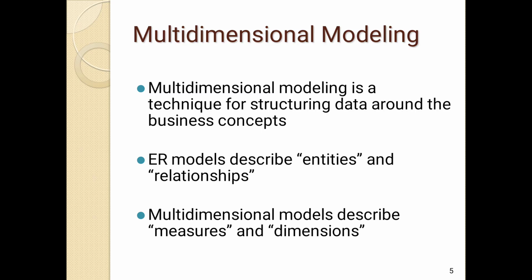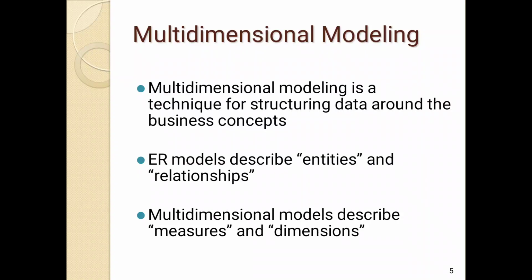So what is multidimensional modeling? Structuring your data around the business concepts for analyzing. The entity relationship model describes the entities and relationships. What are the dimensions we are having, and what is the relationship between two dimension tables? That is entity and relationship.